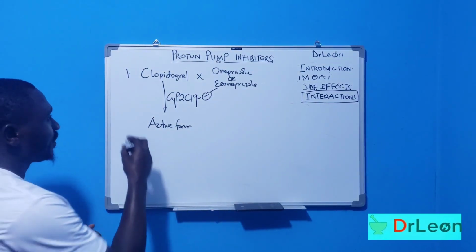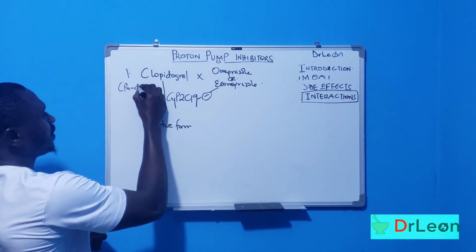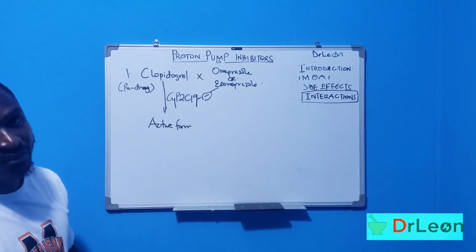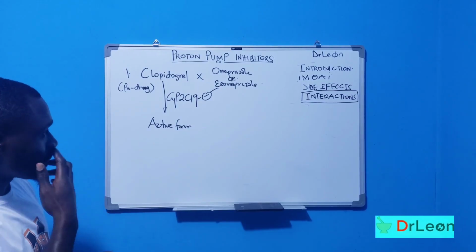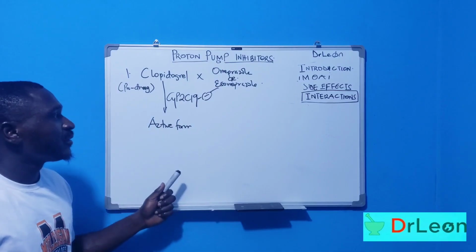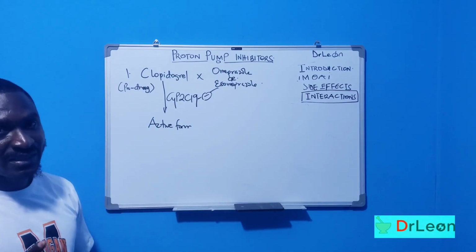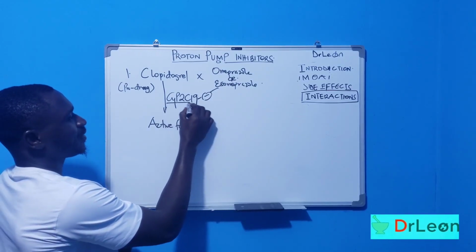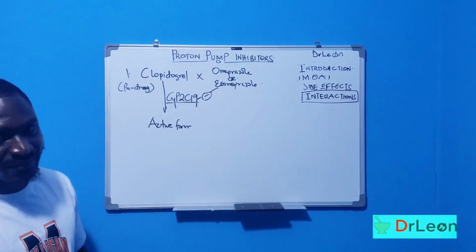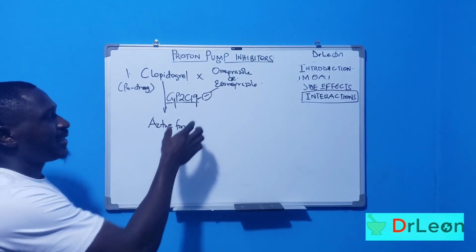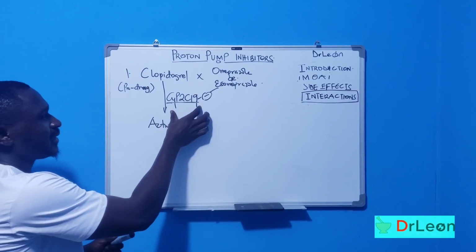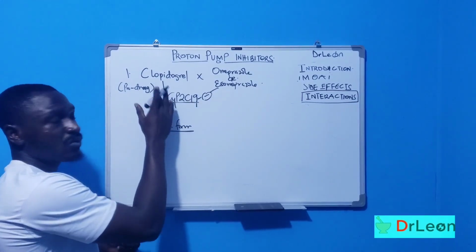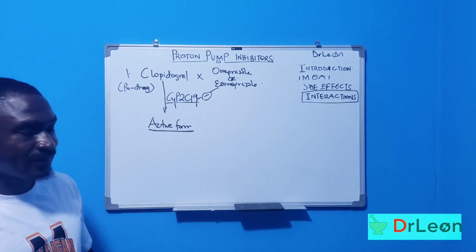But clopidogrel is a prodrug, meaning it needs to be activated for it to function. And clopidogrel makes use of a particular enzyme to activate it, and the name of that enzyme is cytochrome 2C19. We came across this enzyme earlier. So cytochrome 2C19 will act on clopidogrel and convert it to its active form so that the clopidogrel will be able to work.